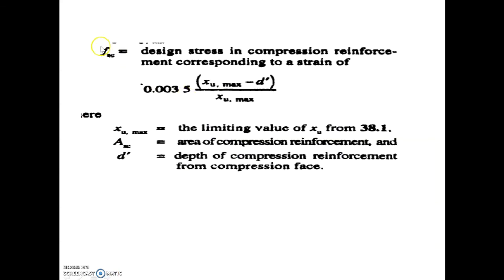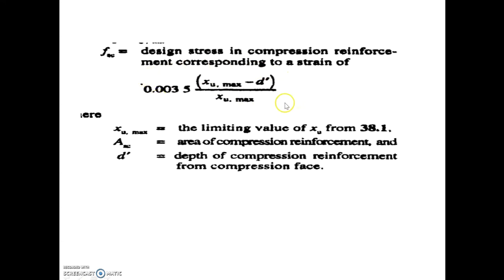So this is the fsc value, that is the design stress in compression reinforcement, corresponding to a strain of 0.0035 into (xu max minus d prime) by xu max. By substituting the xu max and d prime values, we will get the strain value epsilon sc.